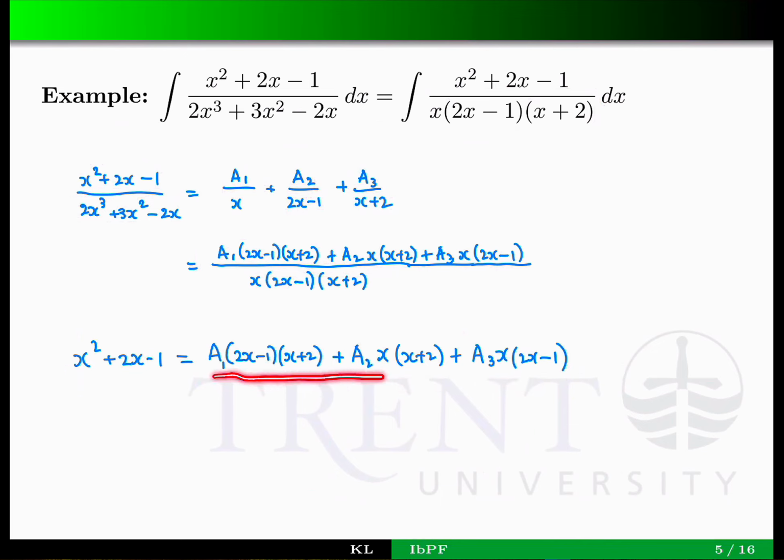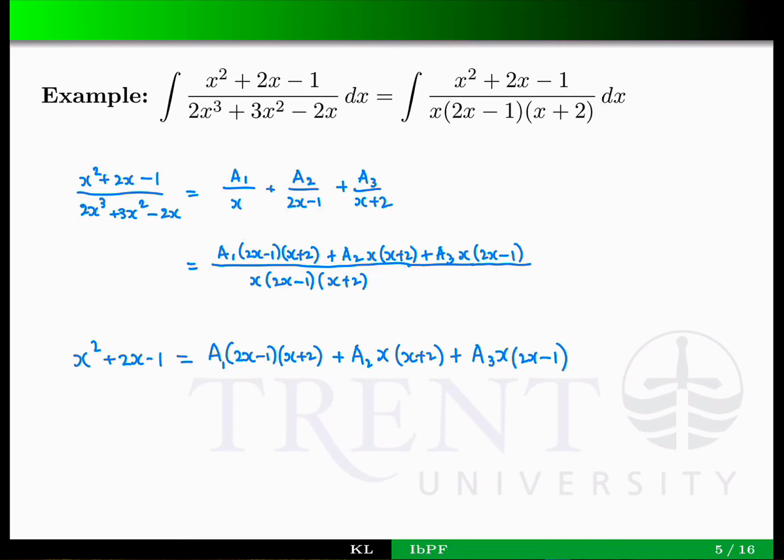The coefficient of x here must be equal to 2. And the constant term of this expression here must be equal to negative 1. In the end, you will be solving a system of equations. That's one way to do it.